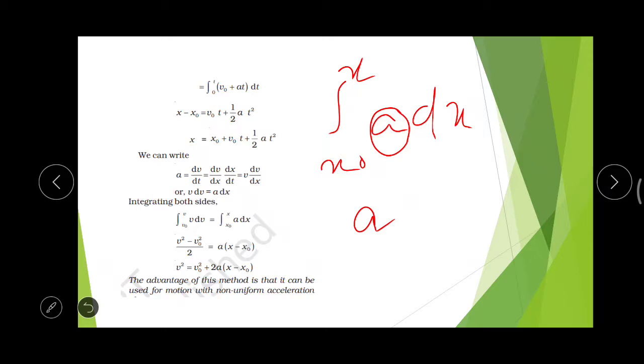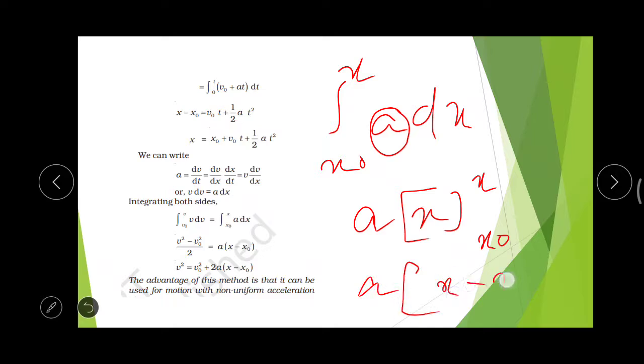The integral of dx will become x, with limits x and x0, so a into x minus x0, isn't it? Okay, so now come to the equation. On the left hand side you have v square minus v0 square by 2, which is equal to a into x minus x0.